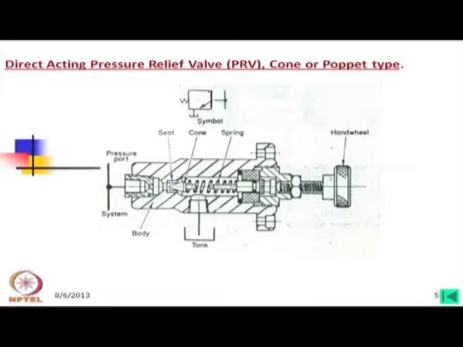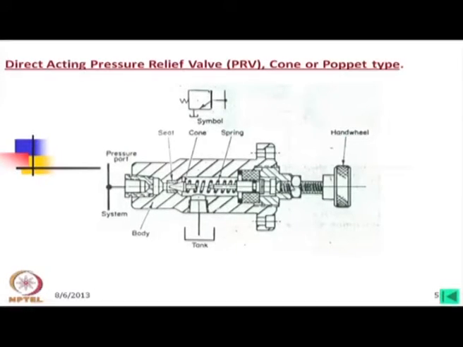It is only suitable as a safety valve, where this set pressure is rarely reached. Due to this cone sitting and opening, a chattering sound will be there and this will be very noisy.